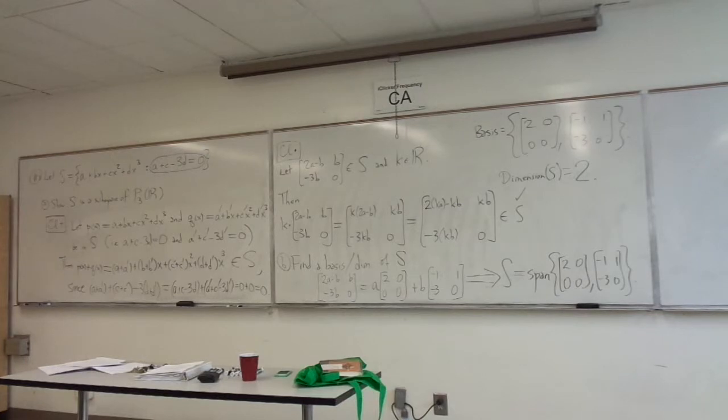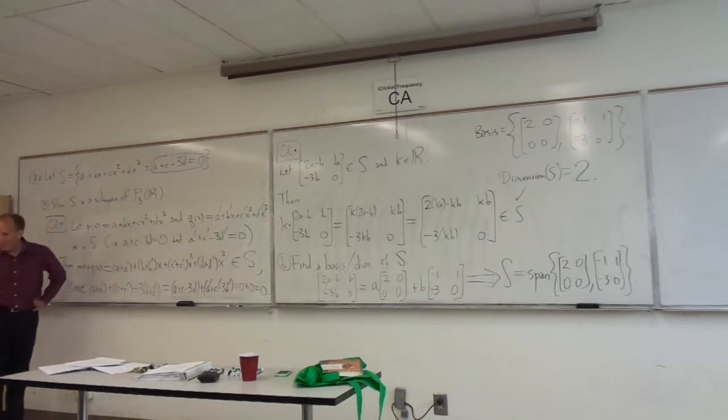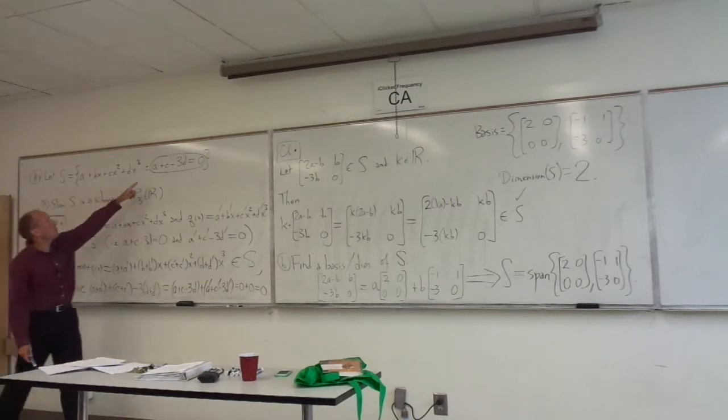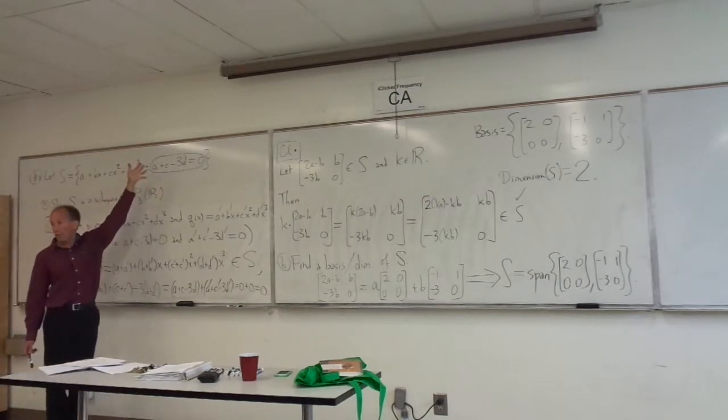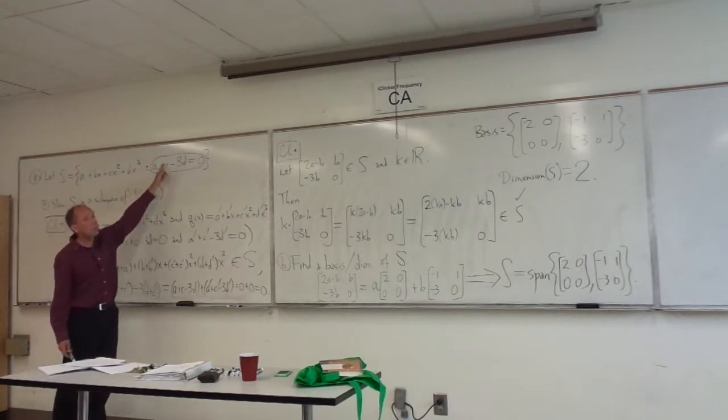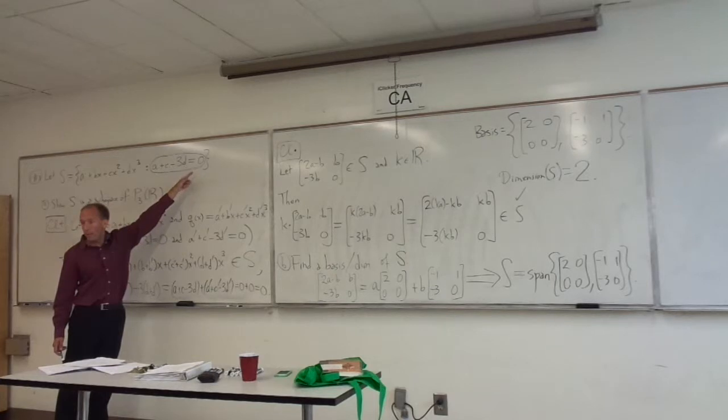Yeah, go ahead, Justin. From the condition we have, could we solve for a and then plug it into S? That's the other way to do this. You can solve for any of the variables, but yes, you could solve for a and write a as negative 3c plus 3d.